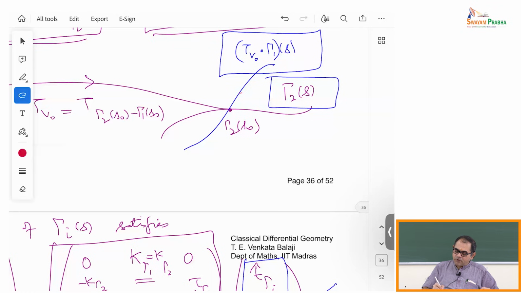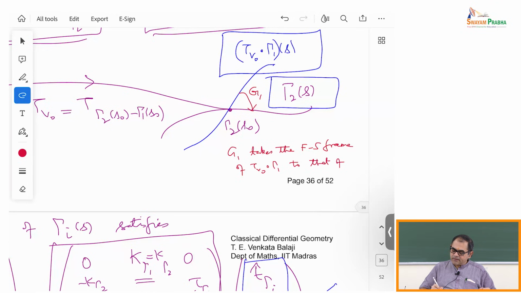Now you apply a rotation G1. Now G1 is a rotation. What does G1 do? G1 takes the Frenet-Serret frame of T V naught circle gamma 1 to that of gamma 2 at s naught. You apply this rotation.